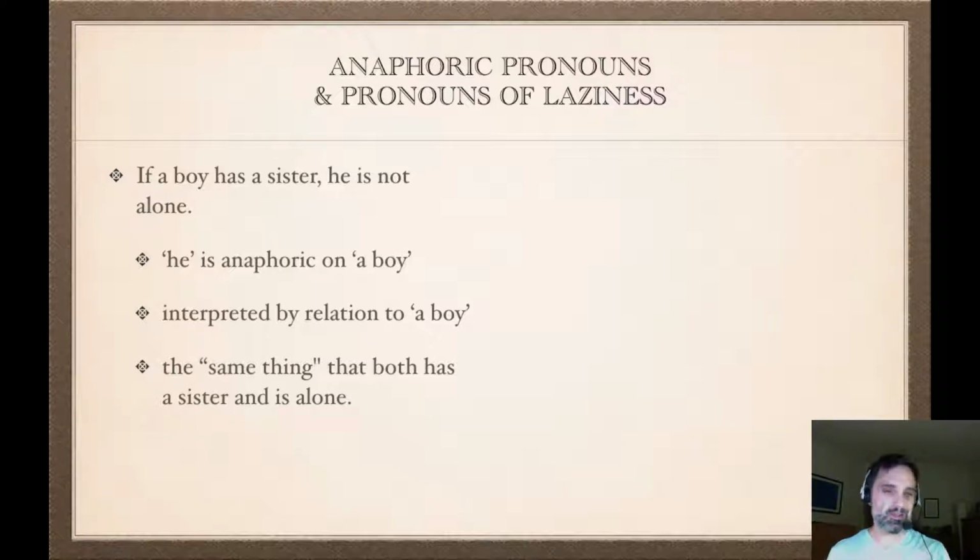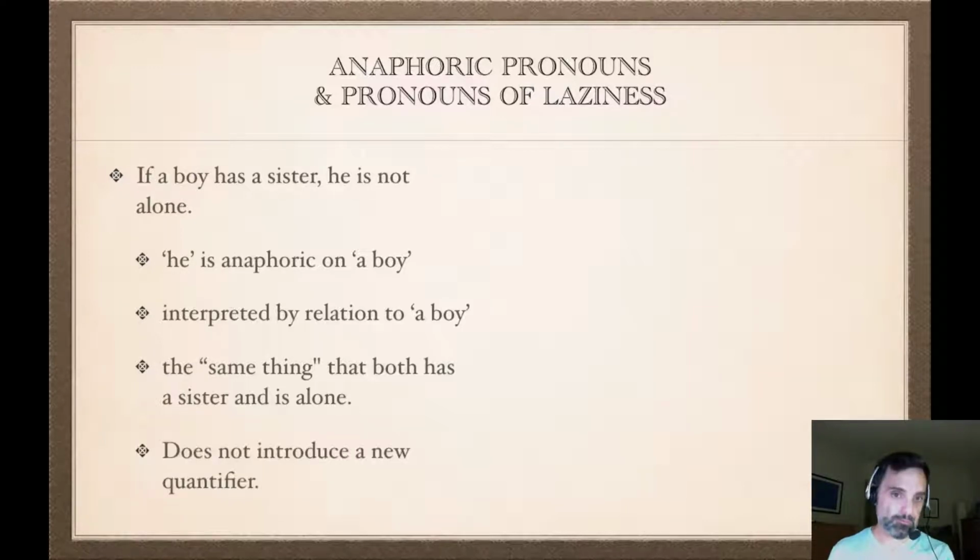So that's that same-thing relationship there. That's anaphor. It's the same thing that has to make different parts of the sentence true. So when a pronoun is working like that, it's anaphoric. And note that it does not introduce a new quantifier. It's not a new determiner phrase. We only have one quantifier when we symbolize this sentence.